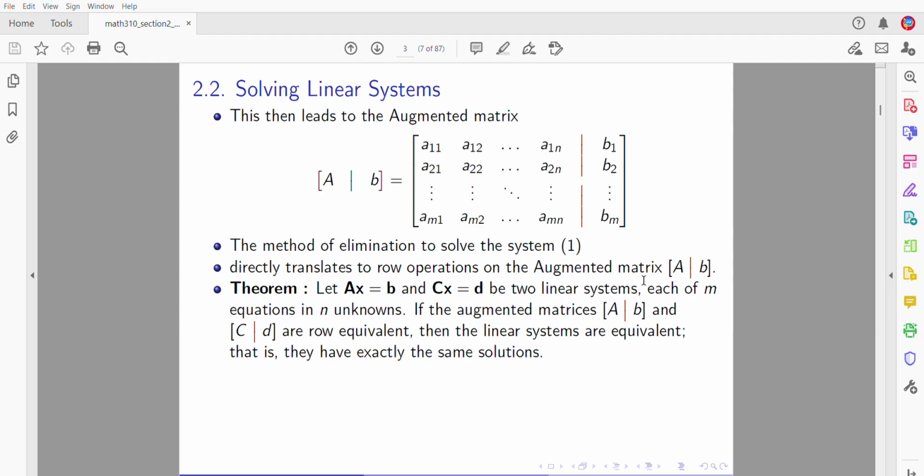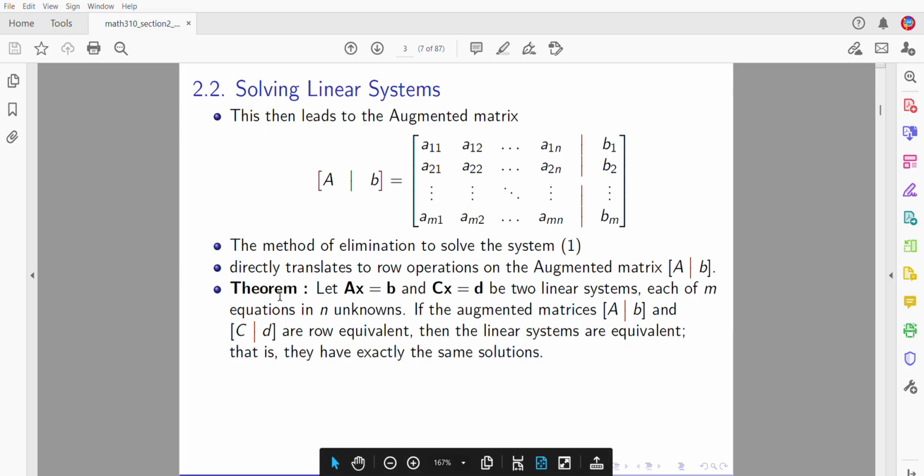These are basically elementary row operations. So from one linear system AX equals B, you do these elementary row operations and get a new system CX equals D. If they are row equivalent, then they have the same solutions. That's what this theorem states.